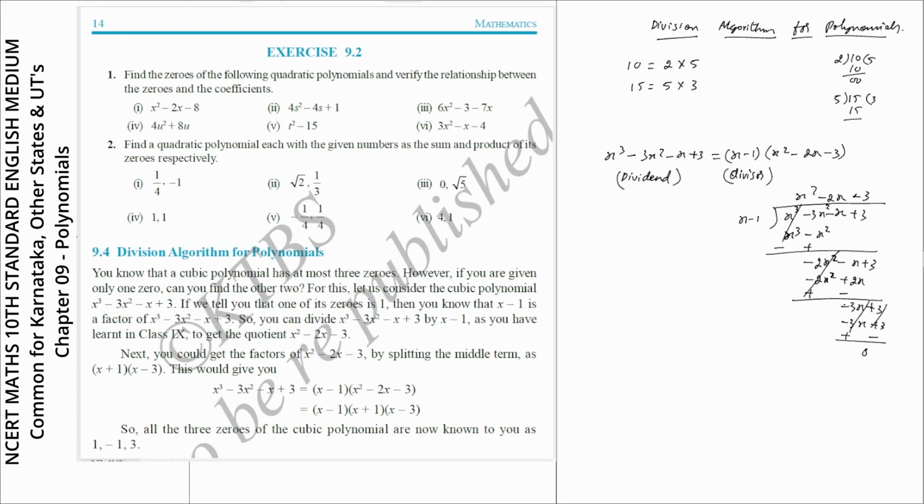And the quotient is x square minus 2x minus 3. Here we did not get any remainder. There will be a remainder also sometimes.